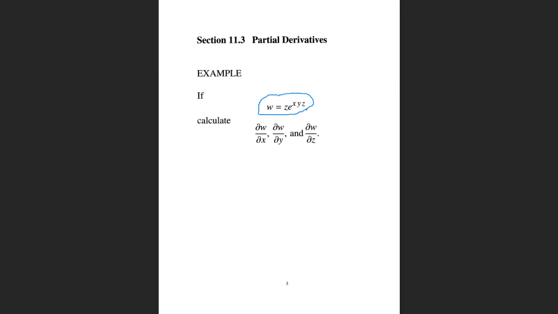Now, w is not a surface in 3-dimensional space because we would need a 4th dimension. We could look at level surfaces by setting w equal to different values, but here we're just interested in computing these partial derivatives. Let me give you a moment to copy.